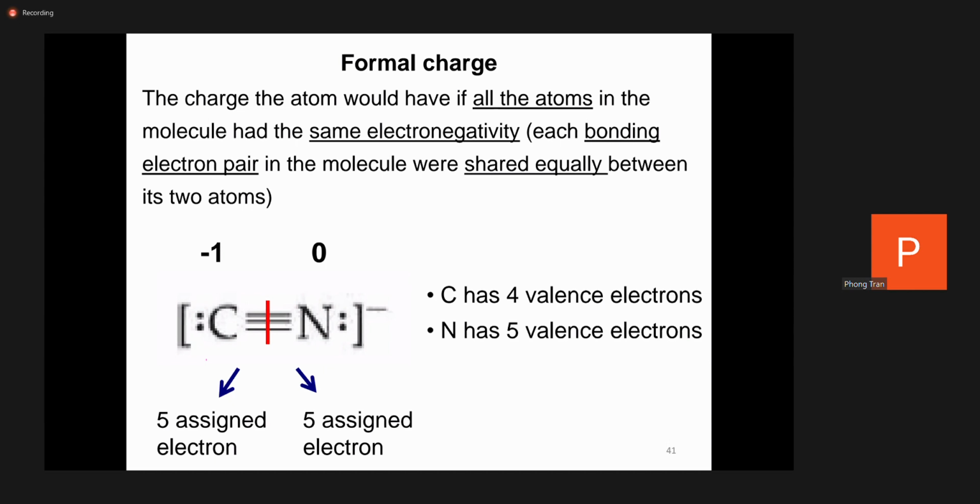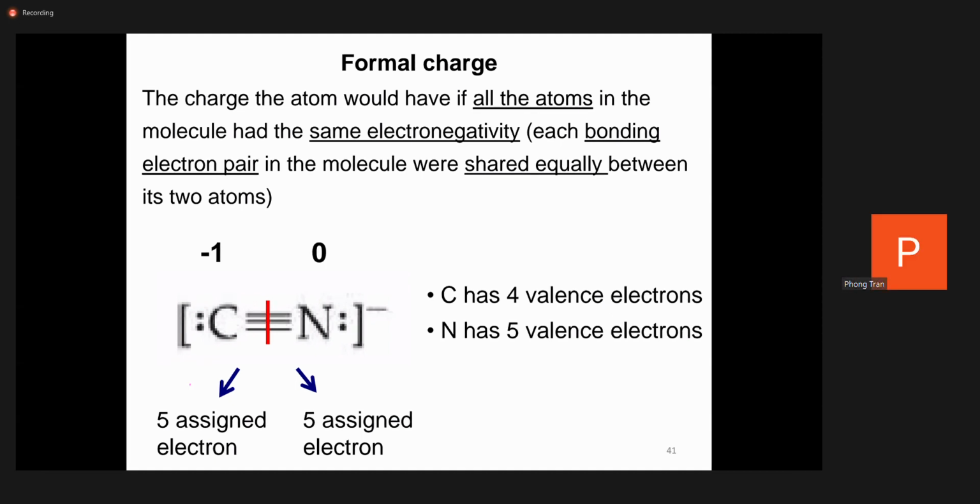Let's look at the case of carbon nitride here. You have a triple bond between the carbon and nitrogen. The triple bond means you have 6 electrons. Imagine that the carbon and nitrogen equally get the 6 electrons. So 3 electrons now belong to carbon and 3 electrons belong to the nitrogen. And then this carbon has 2 more non-bonding electrons.